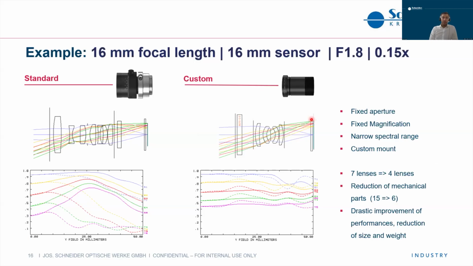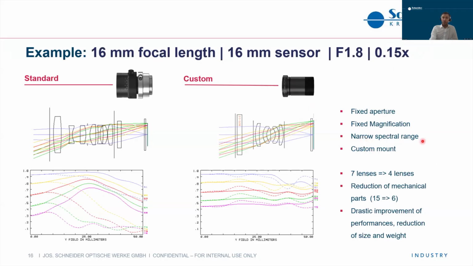Looking at a concrete example here, that's a standard lens with 16 millimeter focal length, 16 millimeter sensor size, so pretty wide. And the customer only wants to use it at f1.8 with a magnification of 0.15x. He only wants then a fixed aperture, a fixed magnification.